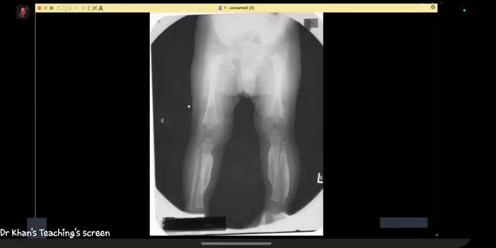So this is another possibility. Other differentials, like thyroid, are not in this age group. So I'd like to review the clinical history and the labs of this patient, and see also if there has been any previous imaging.